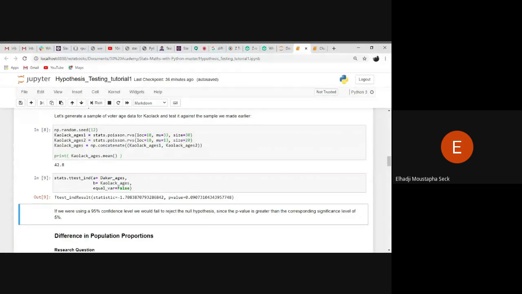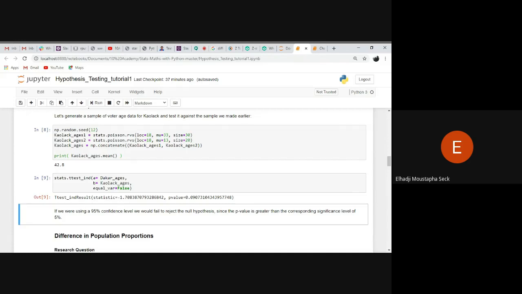For example, you have a population, you have drawn a sample from the population, and you perform some hypothesis testing, and you realize that the sample does not come from the same distribution as the population. It means maybe our sample cannot describe my population very well, and I should have a sample that is really representative, that could really describe my population.